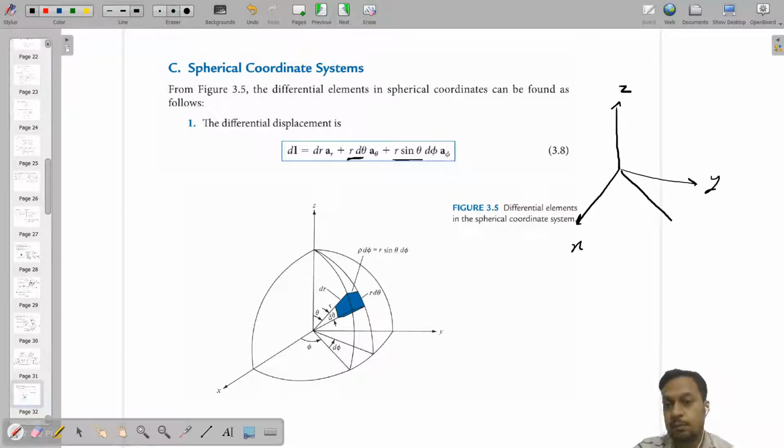Suppose a point P here. Now from x to point P, the angle subtended is equal to phi. Now draw a perpendicular or arc from point P to this line and consider another point B.